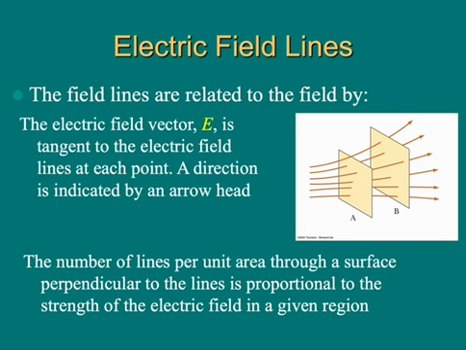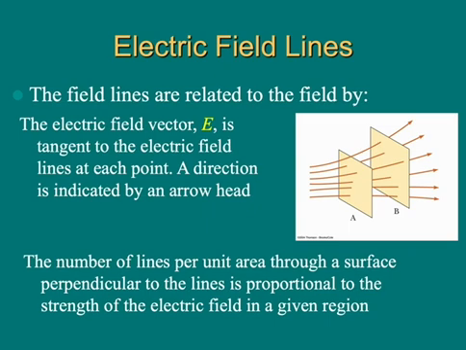The field lines are related to the electric field. At every point, the direction of the electric field is tangent to the electric field line. And the density of electric field lines represents the strength of the electric field.